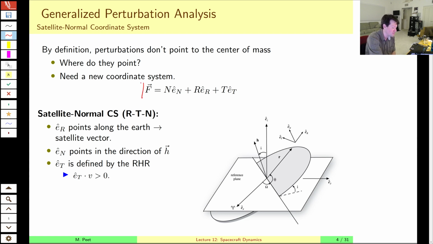We don't know where this force is coming from. Could be drag, could be gravity gradients, could be lunar perturbation, could be anything. And we're going to look at how those forces affect the angular momentum vector and the energy.